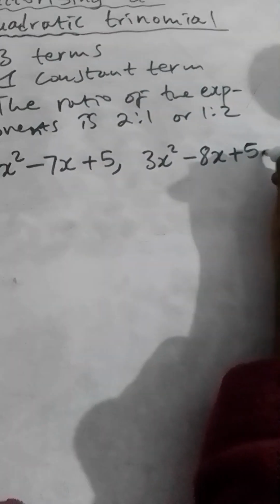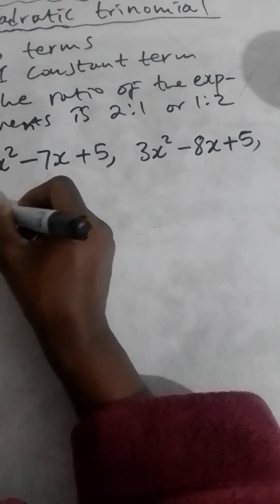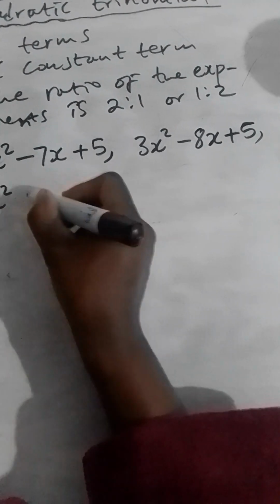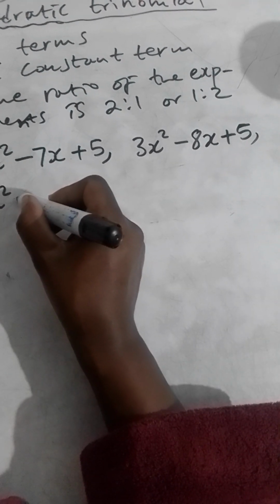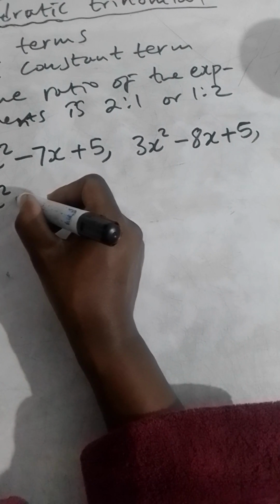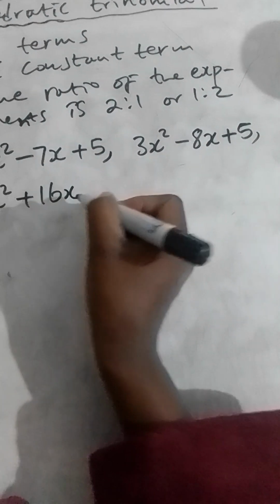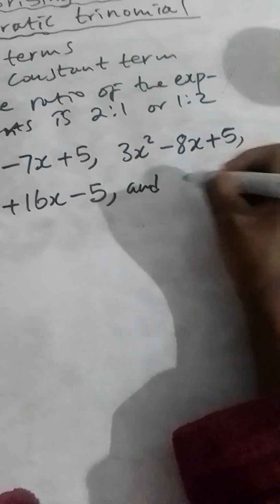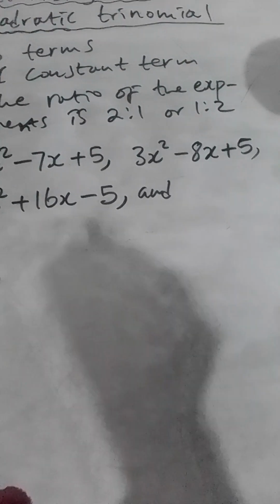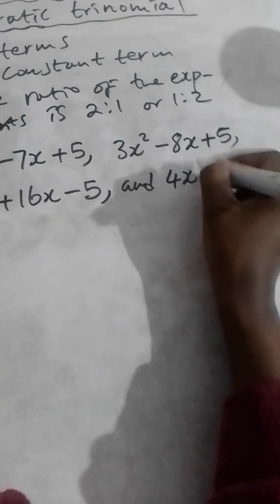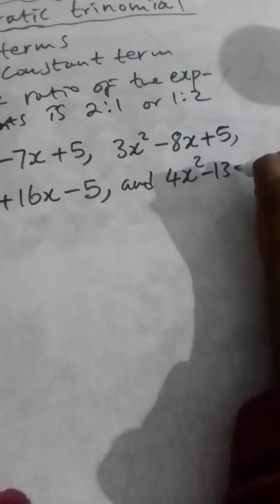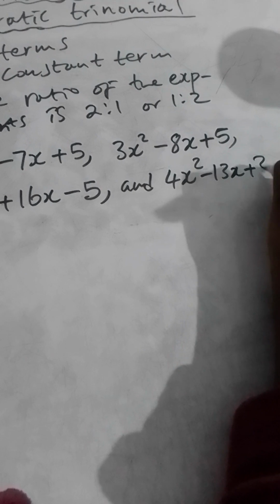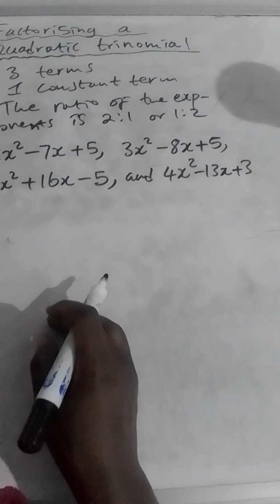Then let's say we also have negative 3x squared plus 16x minus 5. And lastly, let's say you have 4x squared minus 13x plus 3. Right.